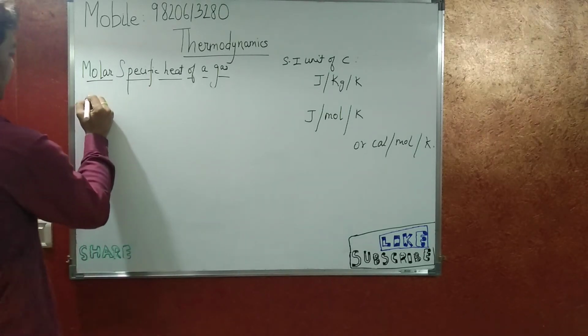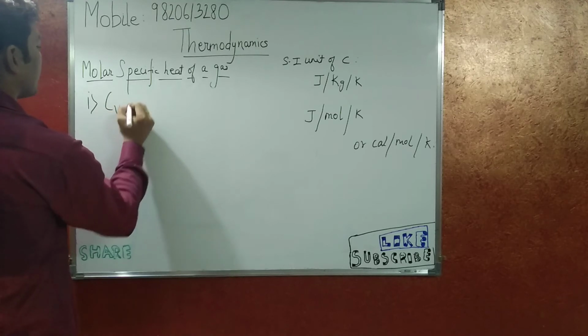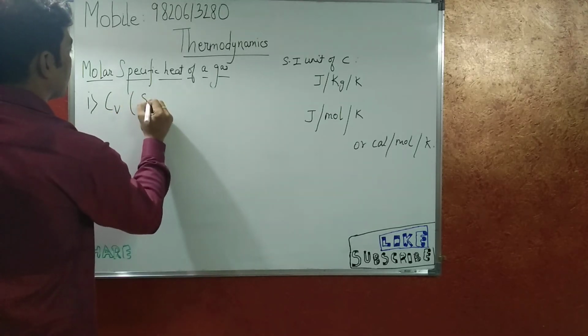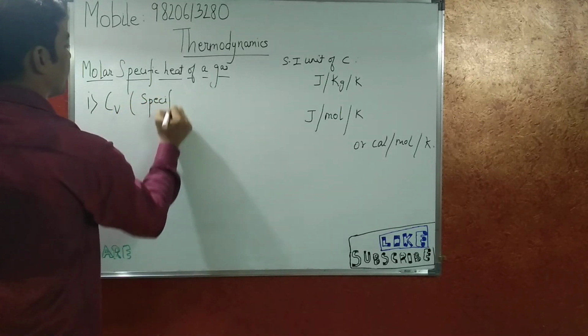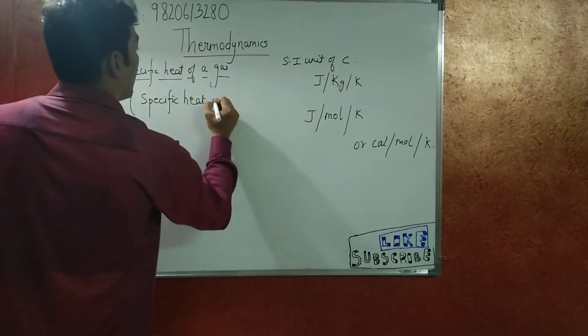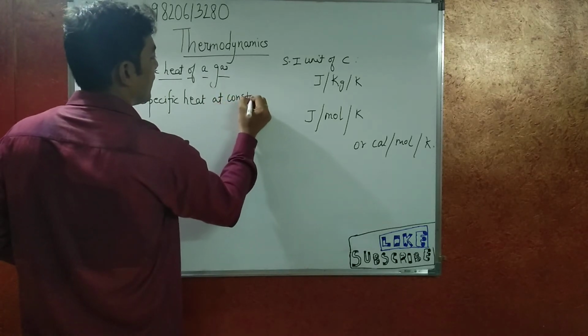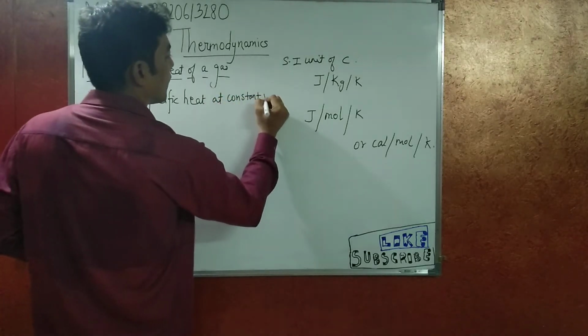The first one is denoted as CV. It is specific heat at constant volume.